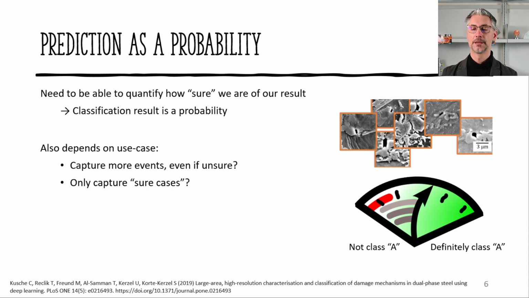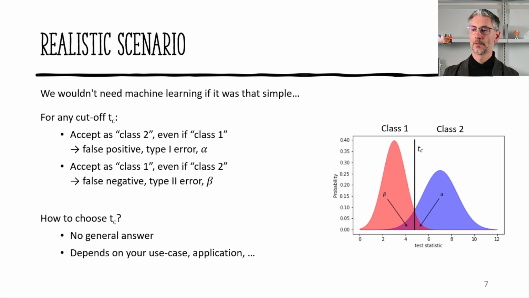This is also something that we need to decide when we build our training data set. Do we only use, for example, textbook examples? But then we introduce a bias because most realistic cases will be slightly different. So in a more realistic scenario, those two class predictions will slightly overlap, because in the end we wouldn't need machine learning if it was that simple, right?